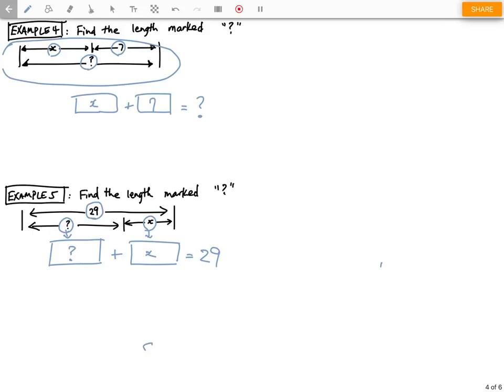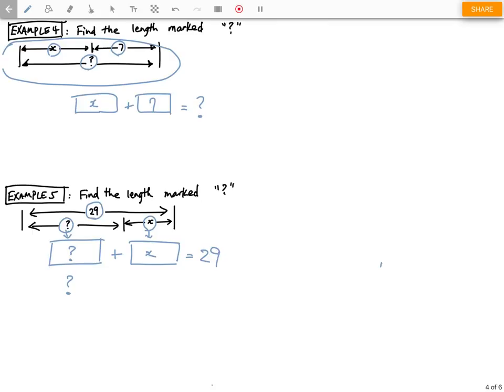If we want to find just the question mark, you may recall from your pre-algebra class where you have to subtract one of the numbers from both sides to isolate it on one side.